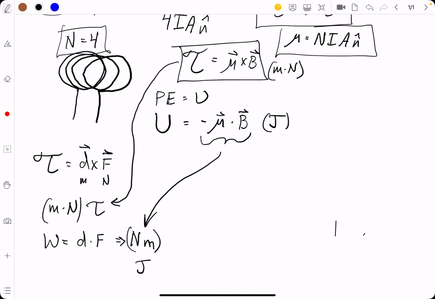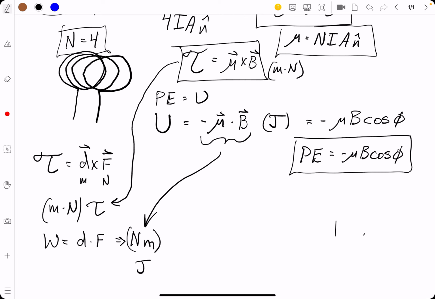So it's a dot product, which means that it's minus mu B times the cosine of the angle between them. So that is equal to our potential energy: minus mu B cosine of phi.